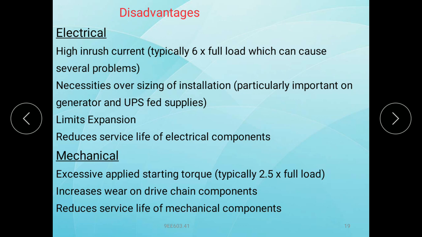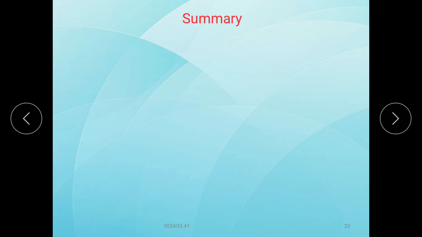It limits expansion and reduces service life of electrical components. And mechanical disadvantages: excessive applied starting torque, typically 2.5 times full load torque, increases wear on drive chain components and reduces service life of mechanical components.